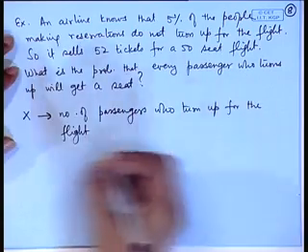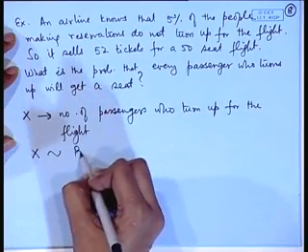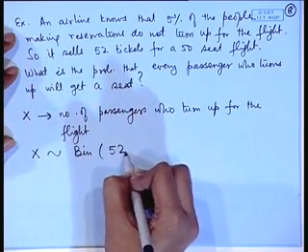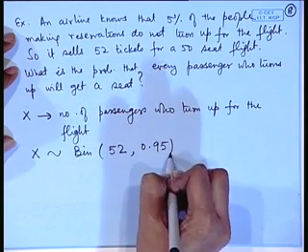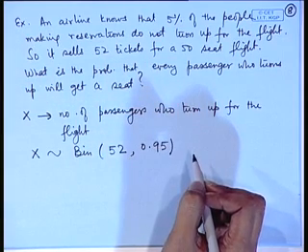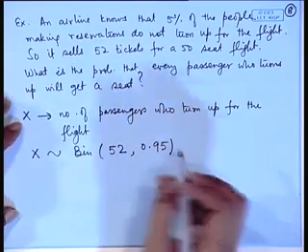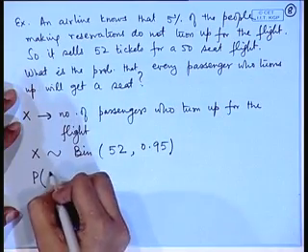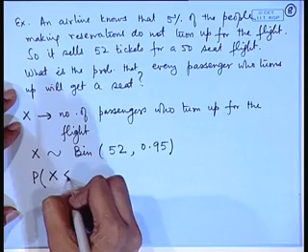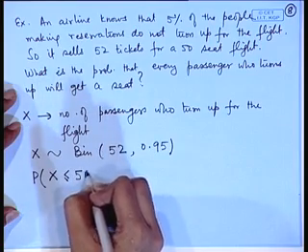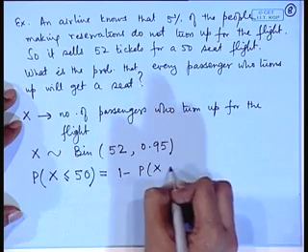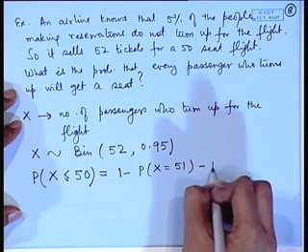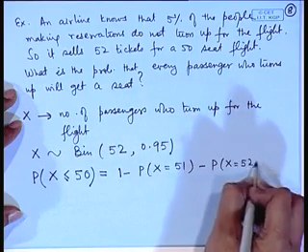So, if we look at x as the number of passengers who turn up for the flight, then the distribution of x will be binomial 52, 0.95, because there are a total of 52 tickets that have been sold. A passenger will get a seat provided the number of people who turn up is less than or equal to 50. So, we may consider it as 1 minus probability x is equal to 51 and probability x equal to 52.